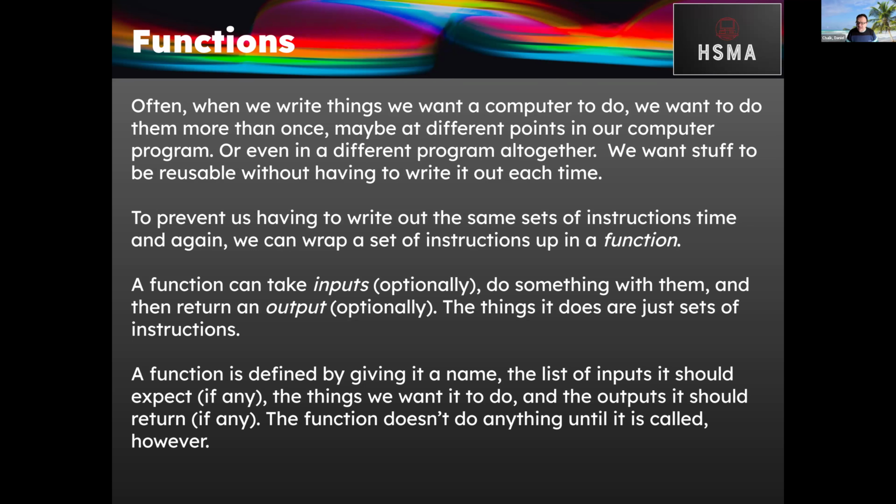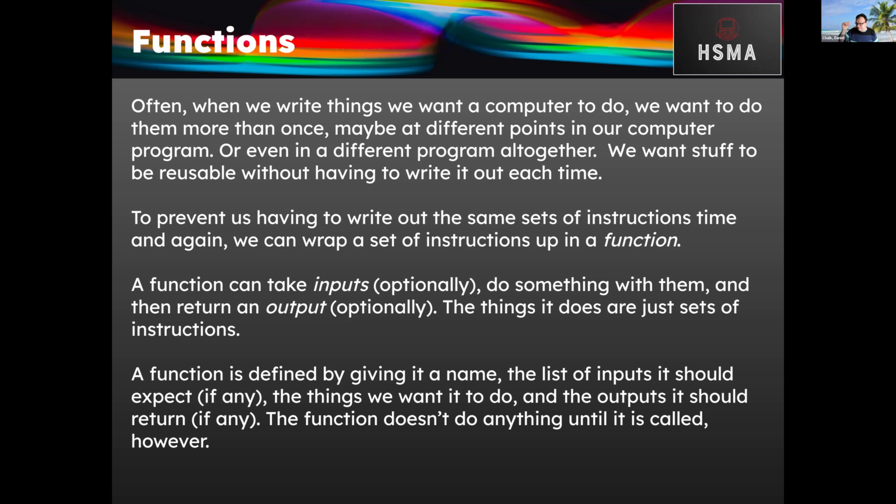It will just say, okay, I now know that whenever you tell me you want this function called, I know what to do, but I'm not going to do anything until you tell me to do something with it. So that's important to remember.